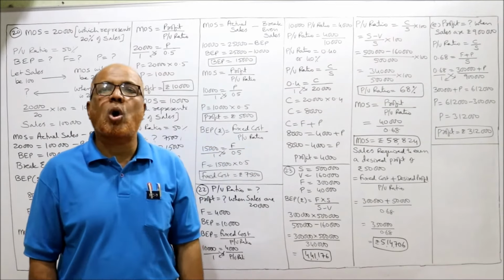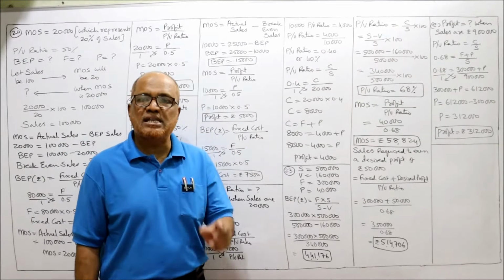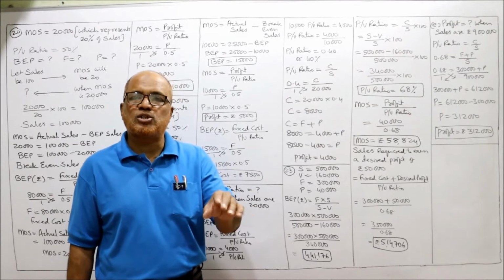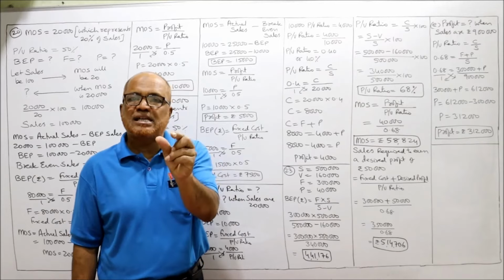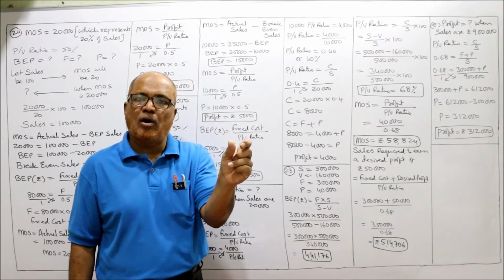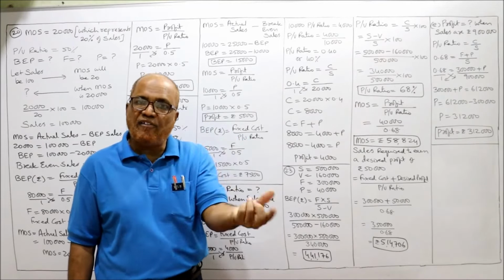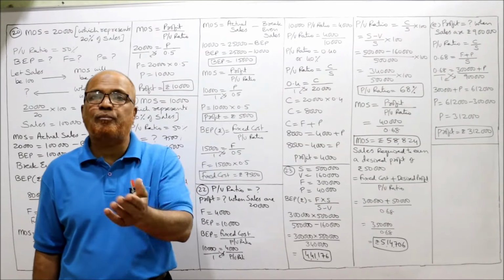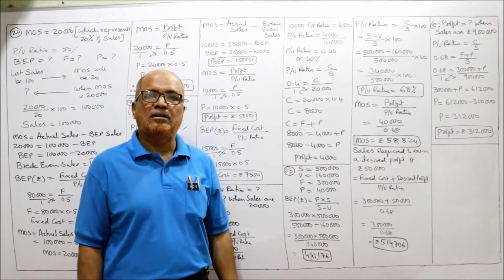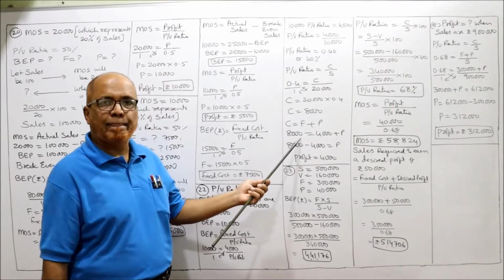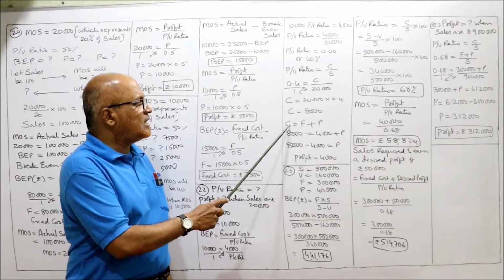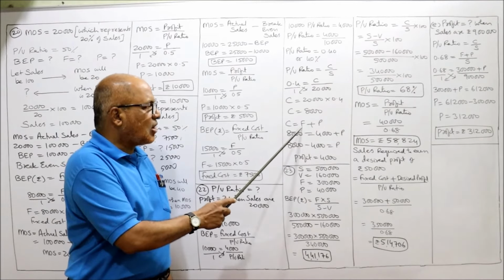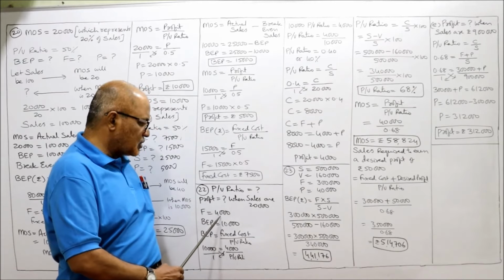What is C? C stands for contribution. And we know the contribution formulas. Two formulas are there for contribution: C is equal to S minus V, or C is equal to F plus P. Now I'll make use of the formula C is equal to F plus P because I need the profit. C, contribution, is 8,000.